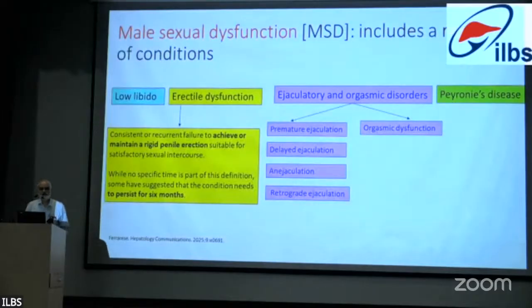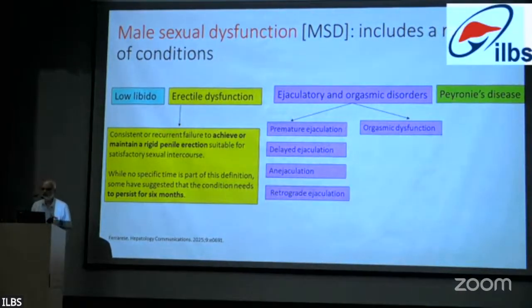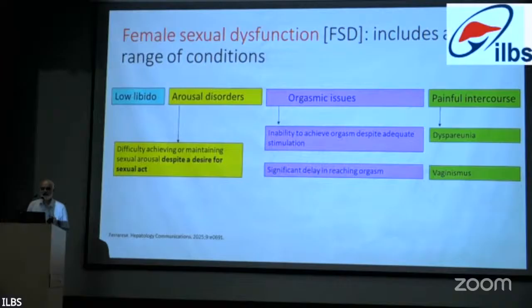So male sexual dysfunction includes a range of conditions from low libido, erectile dysfunction, infertility and orgasm disorders, to Peyronie's disease. And again, there are sub-classifications based on the various mechanisms. Now, this is female sexual dysfunction.